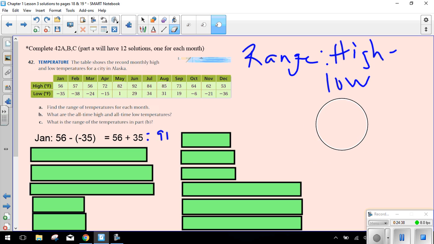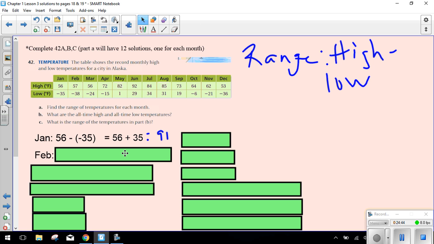Okay, now we're going to do the same thing for February. So let's take a look at February. We're going to look at the chart here, and this is where I'm getting the numbers from. The high is 57 and the low is -38. So we're going to take 57, we're going to minus negative 38. To solve, we take 57.